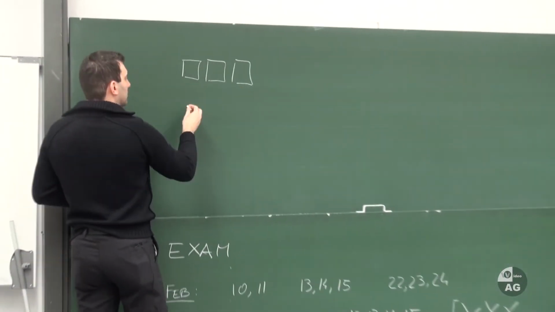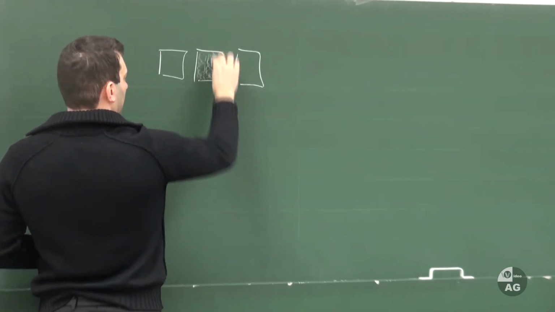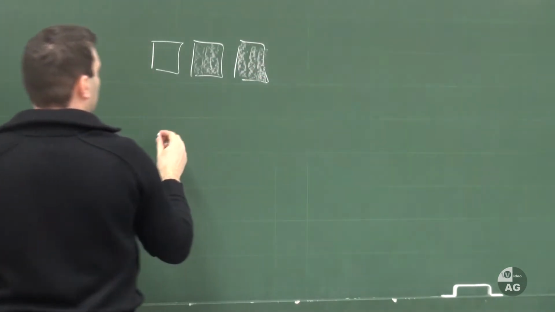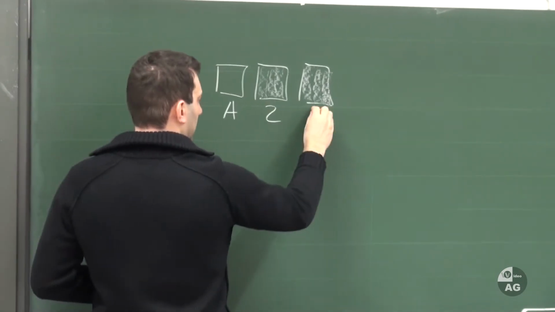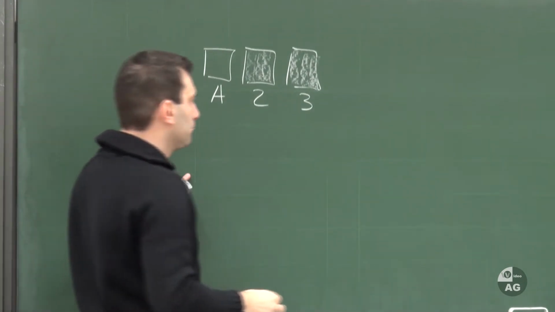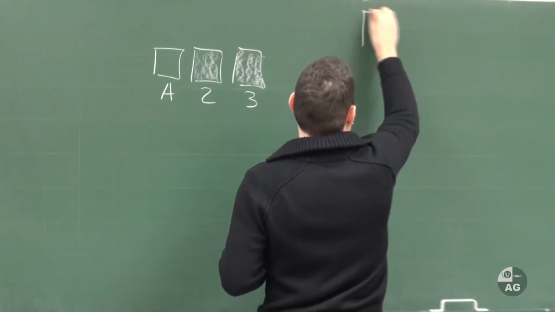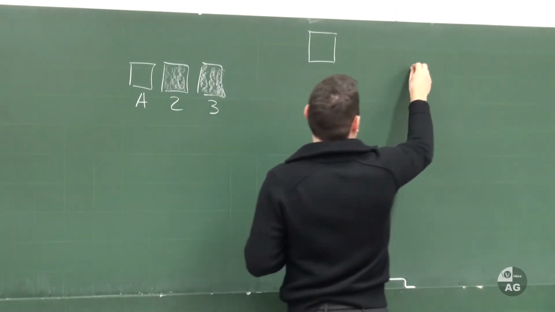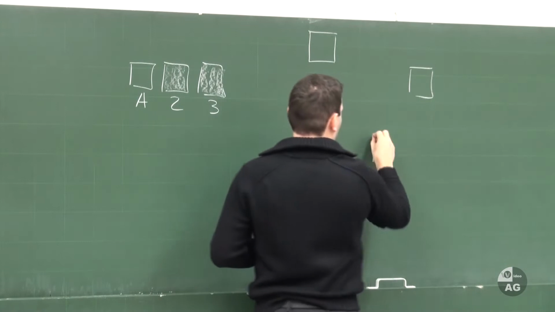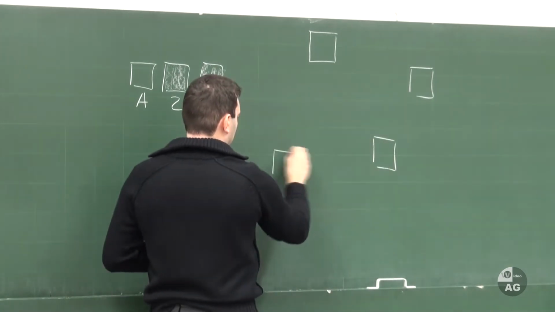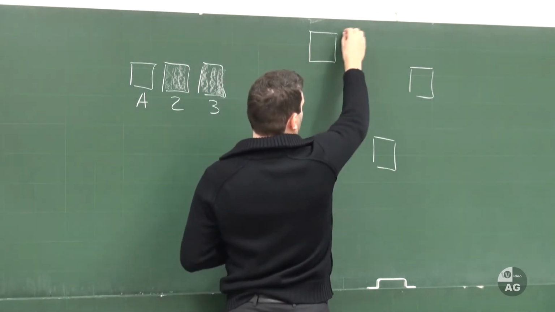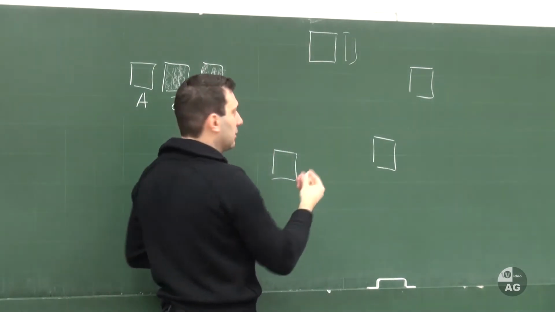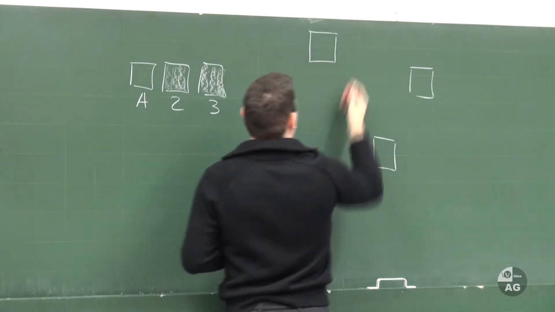These are your cards. This is covered, nobody knows. So you have ace, 2, 3. You're playing against 4 opponents. I don't draw the hidden cards because they're useless.